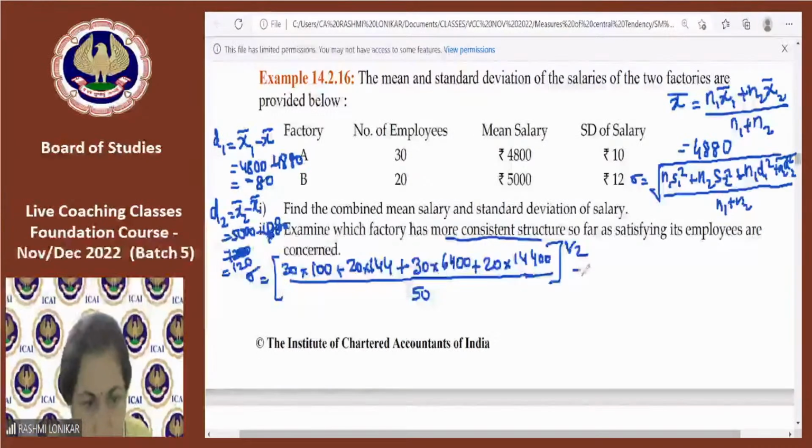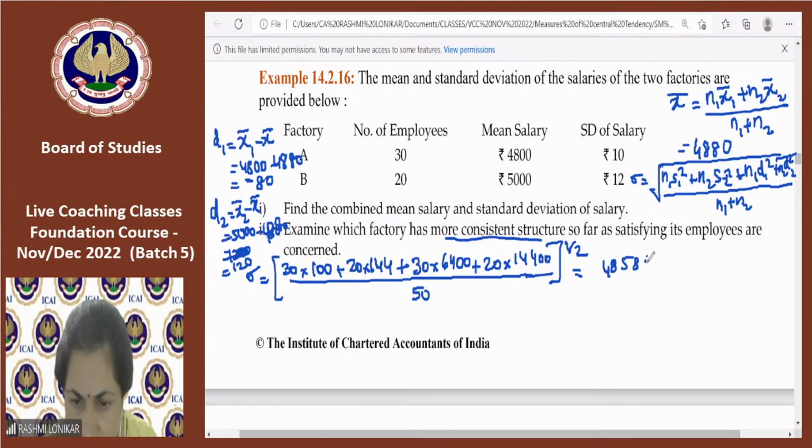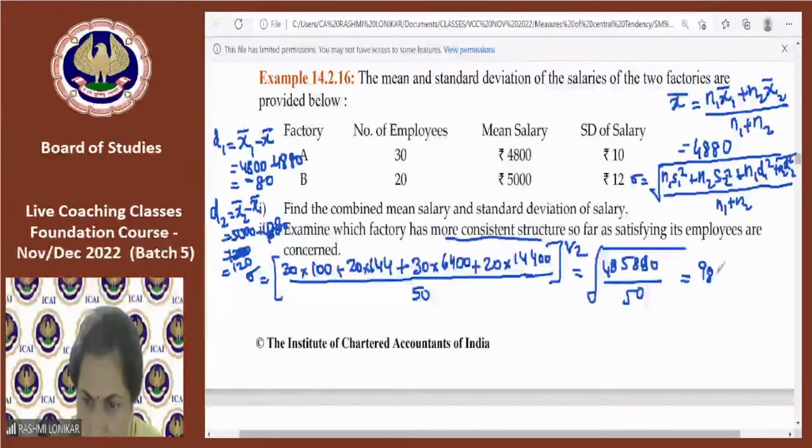So I have to find the square root of this. 100 into 30, then 6400 into 30, then 144 into 20, and 14400 into 20. The sum is 485,880 upon 50, square root. Divided by 50 and square root, 98.5.